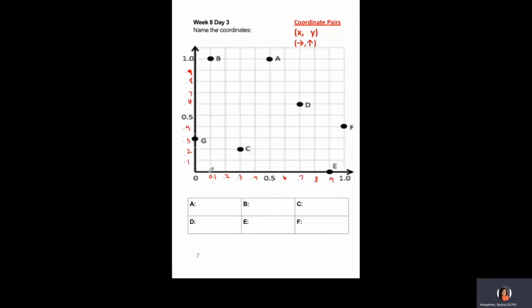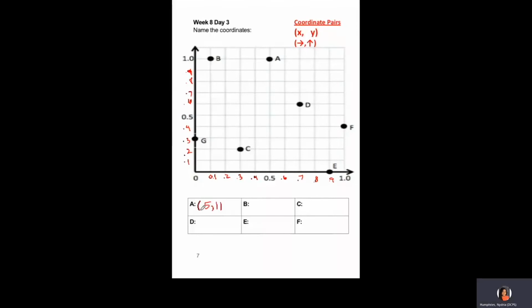So let's start at A, since A is first. On our x-axis, we have 5/10, and we go up our y line. And so A is 5/10 is the x, and our y is 1.